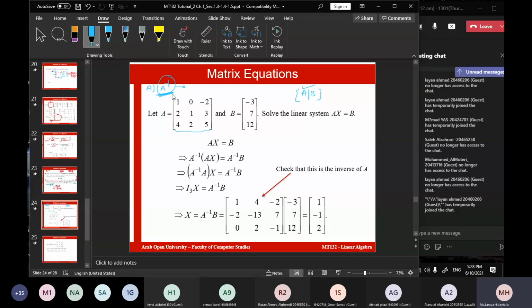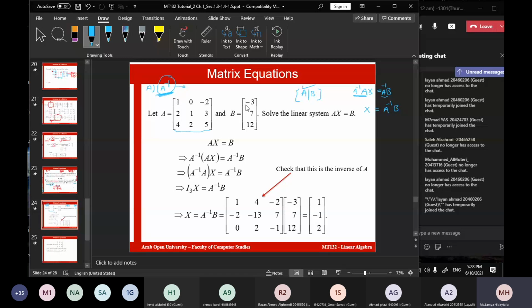Since the inverse exists, I take AX equals B. We multiply from the left-hand side by A inverse, and as well here from the left-hand side, because here I multiply from the left, then here from the left. Then what is this one? The identity times X is X. X equals A inverse times B.